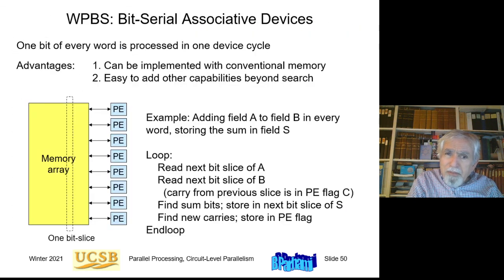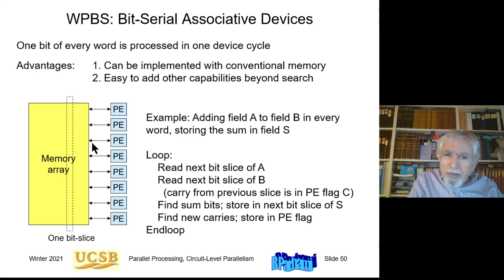And now, if I go here, if each processing element only has access to bits in its own word, then they can never communicate, and therefore not much useful processing can take place where the result depends on multiple words, because each PE is devoted to just one word.